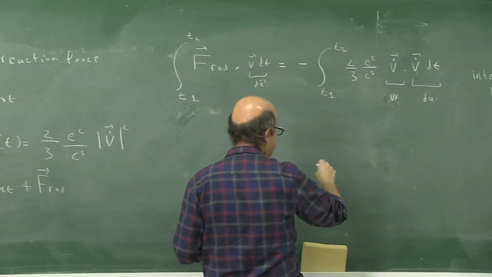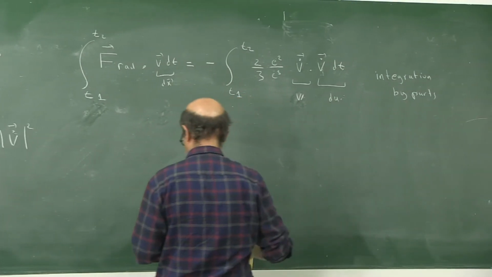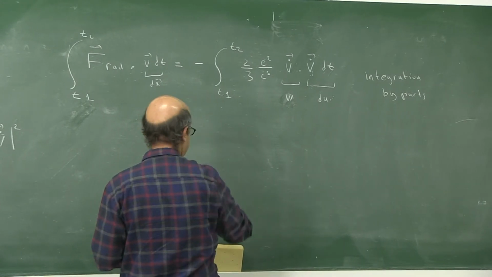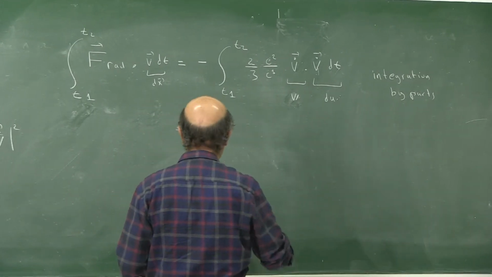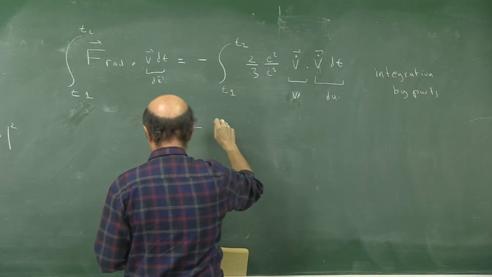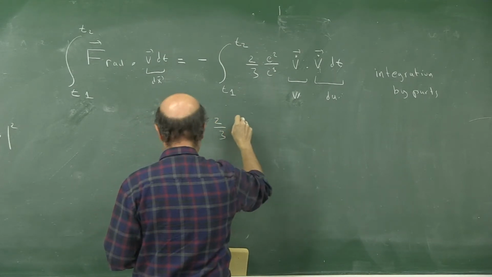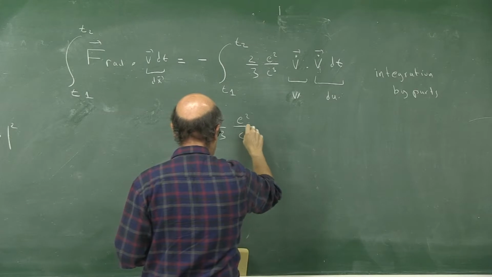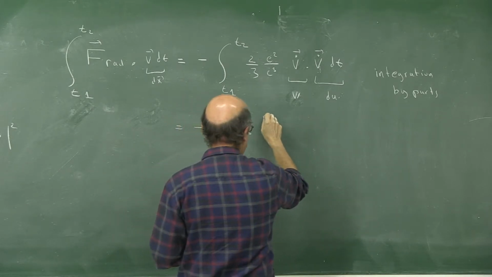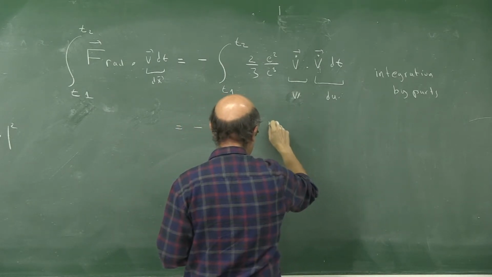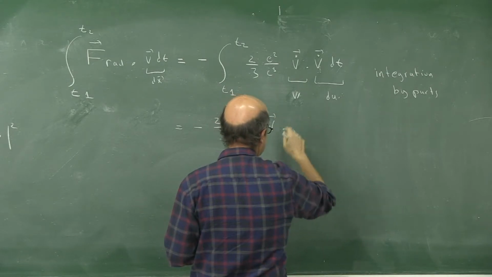We have the negative side, so that will be v bar times u, which is equal to minus 2 over 3 e square over c cube, and the integral of this v dot.